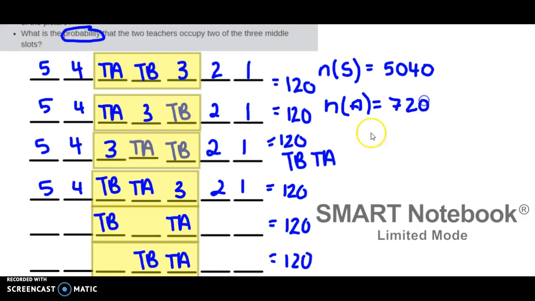So the probability that the teachers occupy 2 of the 3 middle spots will be 720 out of 5,040. Which as a percent works out to about 14.3%.